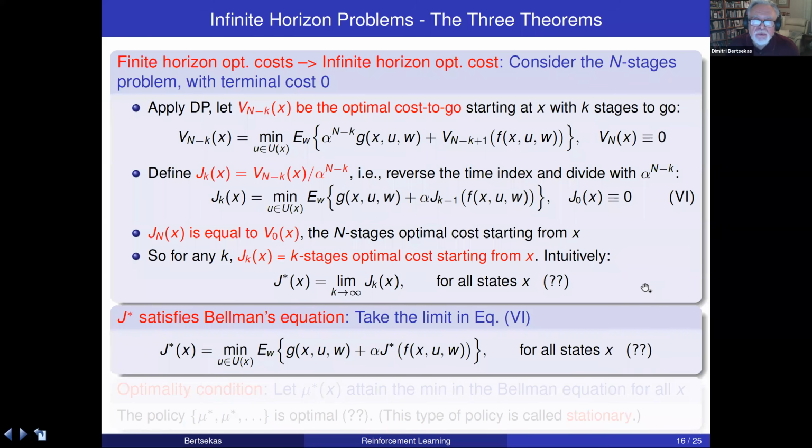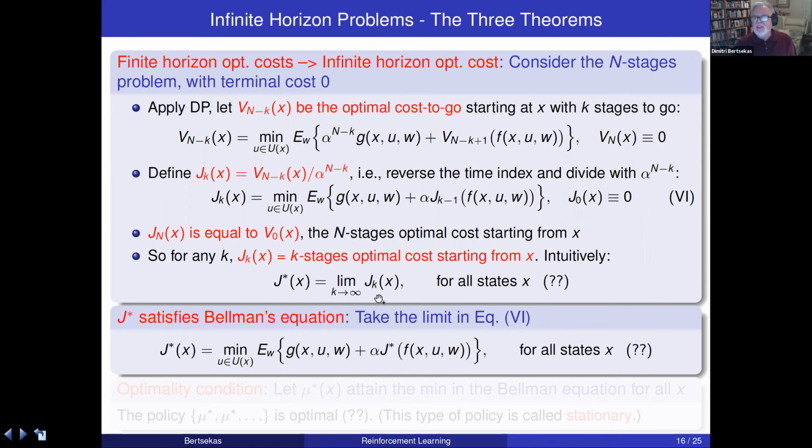There are examples in the literature, and you can research it further. Situations where this does not hold take us to advanced versions of the theory of infinite horizon problems. But as a mathematician, it's my obligation to alert you that this is not a fact that holds universally. All right, thank you.